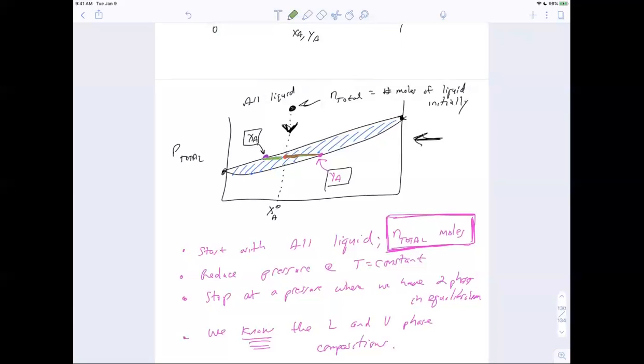Okay, any questions so far? Geometrically, that's all that is. So in fact, if you were to be given a graph or a phase diagram and the composition of the two phases, you should be able to tell the ratio of liquid to vapor in the system. It's just geometric. Okay?